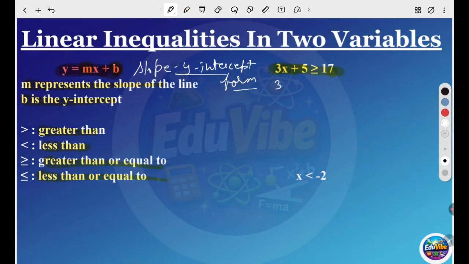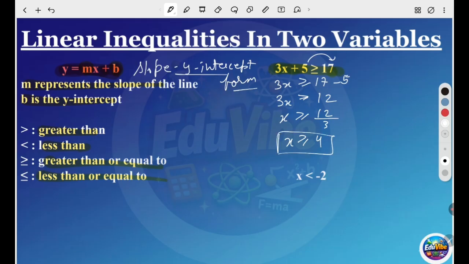If we solve this, the 3x remains, and the plus 5 goes over there and becomes minus 5. So 3x is greater than or equal to 12. Then x is greater than or equal to 12 divided by 3, which gives 4. So from here we get that x is greater than or equal to 4.